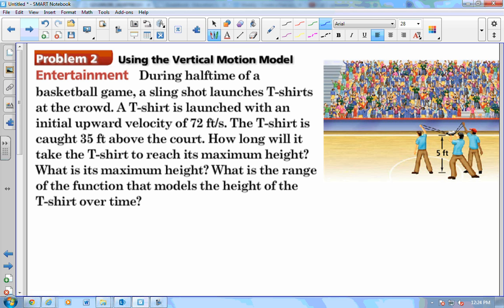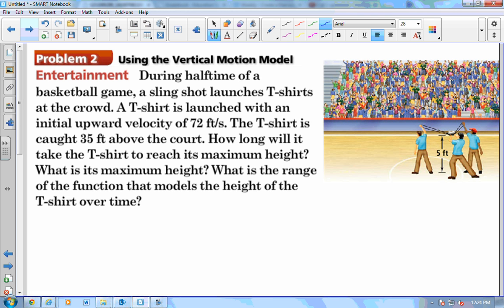Does it go straight? An arch. Curves like a parabola. If you throw something, launch something, it's a quadratic. And on page 130, it has the formula we need in that box.